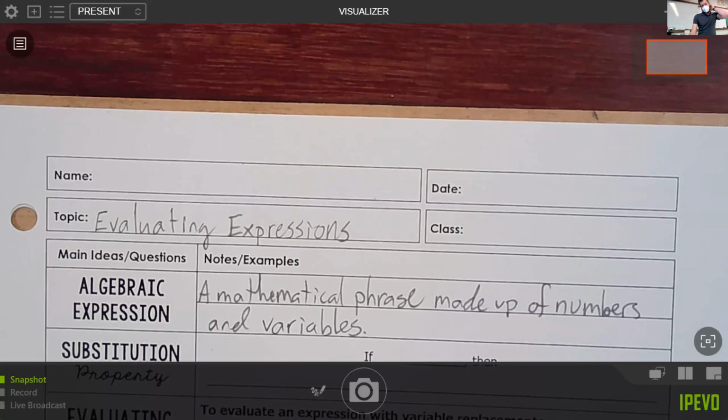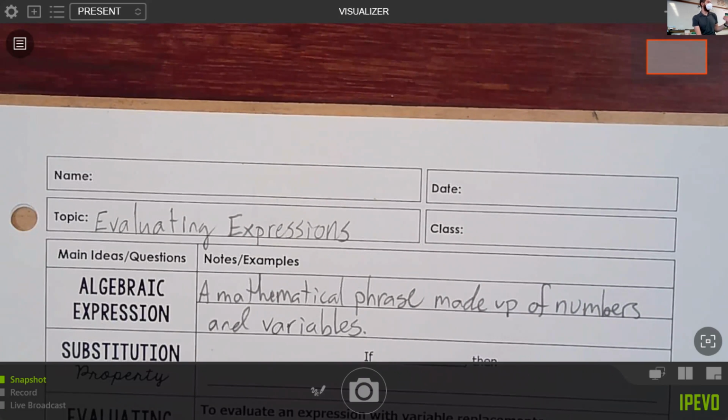And does anybody remember what a variable is? I know we haven't really talked about that much this year. So what is a variable? Who can tell me what a variable is? Anybody remember a variable? What do variables usually look like?